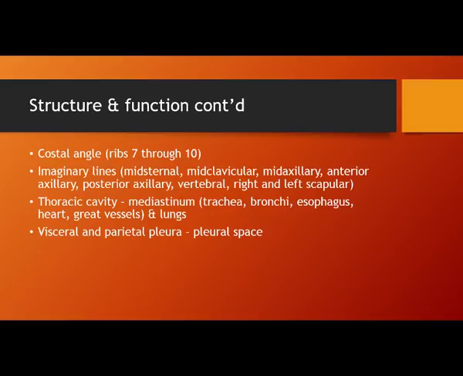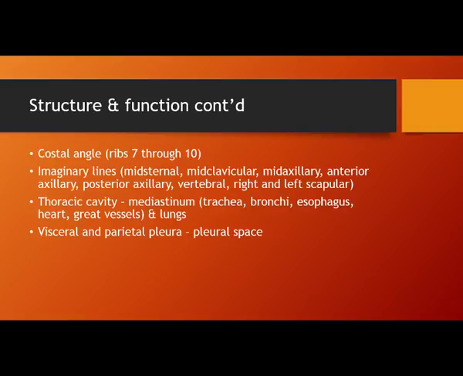So we're going to use those imaginary lines to define, particularly if you find something and you want to chart where you found it. We'll also use them to define where you're going to be auscultating, where you might find certain landmarks, that kind of thing.